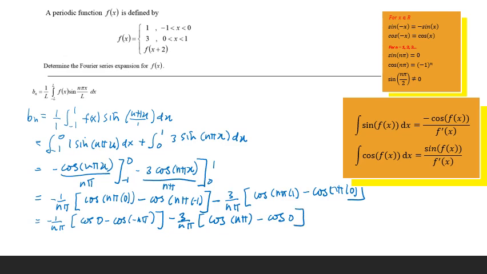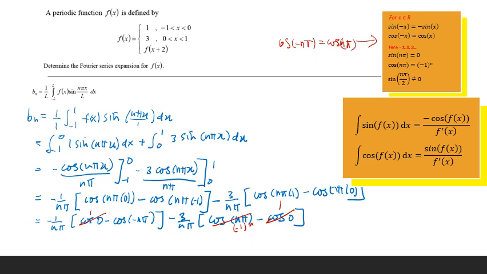If you refer to the table of formulas here, we have cos 0 equal to 1, and cos n pi equal to -1 power n. Cos minus n pi, we can refer to cos here, so if we get minus n pi, it is equal to cos n pi.